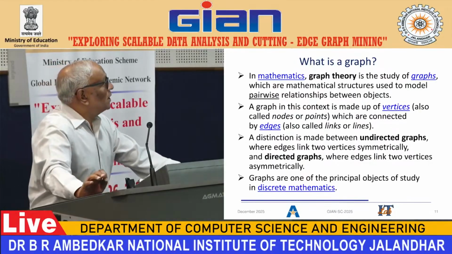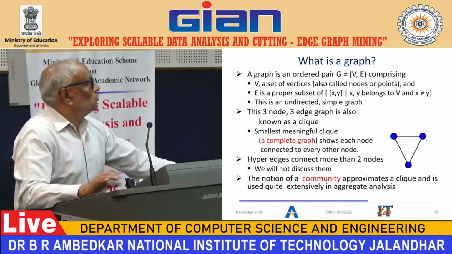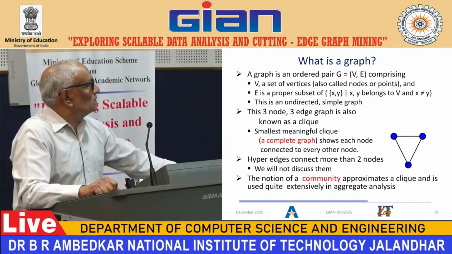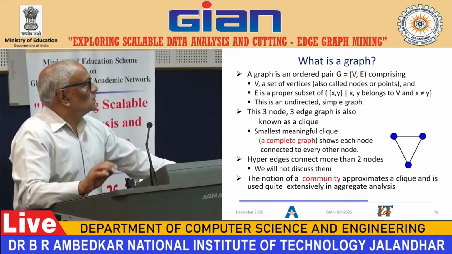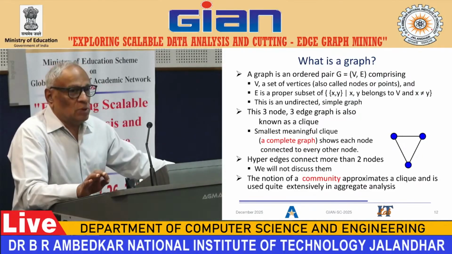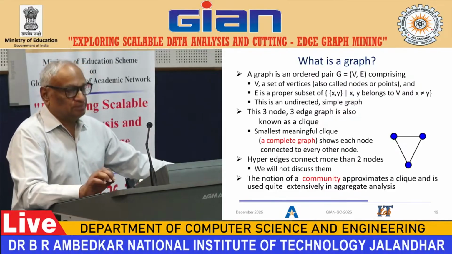A graph is an ordered pair G consisting of two sets, V and E: a set of vertices and a set of edges. Also, E is a subset of pairs xy, where x and y belong to V and x is not equal to y. This is an undirected simple graph.